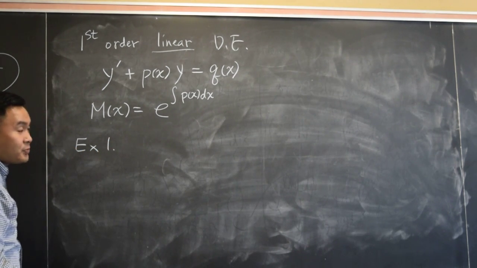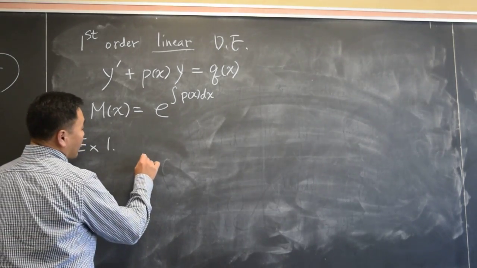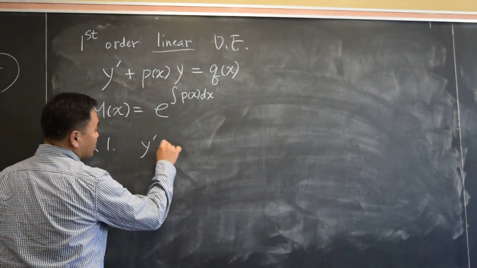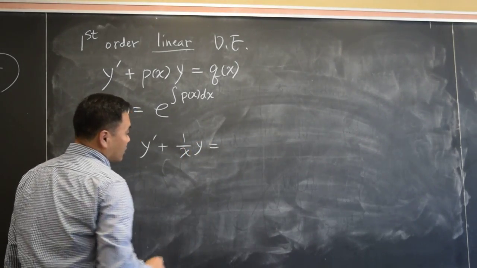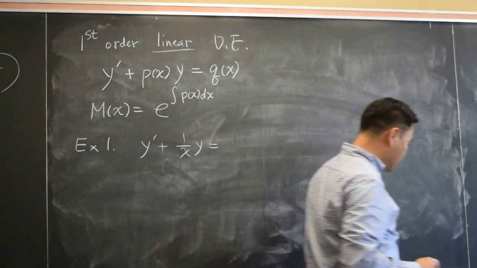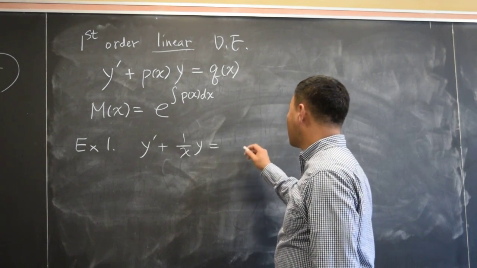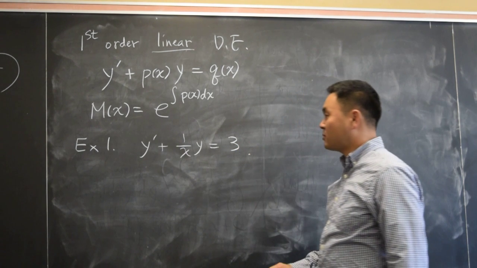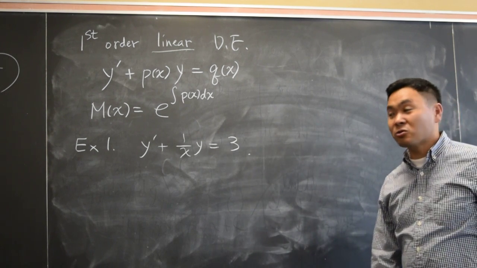Example 1. Suppose you have y prime plus 1 over x times y equal to, let's say, 3. Let's make it simple. Suppose you have such a differential equation. How do we solve it?